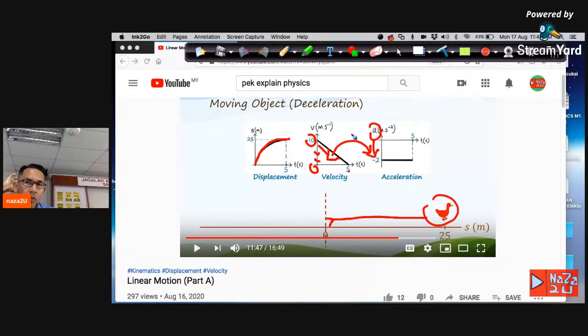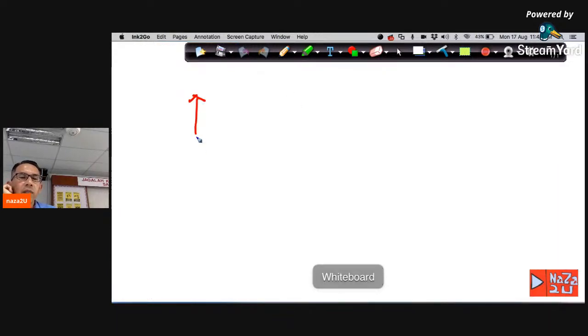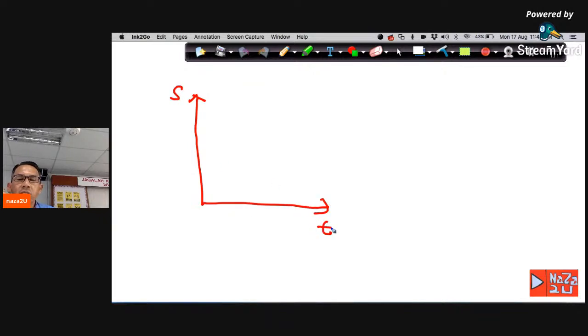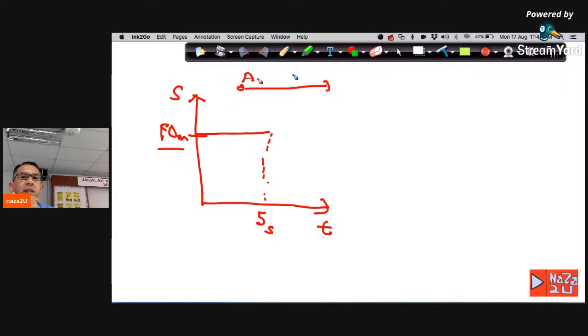Okay. So kalau saya nak permudahkan kat sini, we talk about the first, displacement versus time t. So the first graph, graph yang pertama tadi, katalah this is 10 meter. So the 10 meter in 5 second. Okay. So maksudnya kat sini dia cuma berada pada jarak 10 meter, daripada titik A pergi dekat titik B sejauh 10 meter.